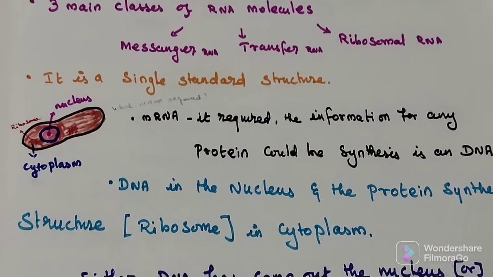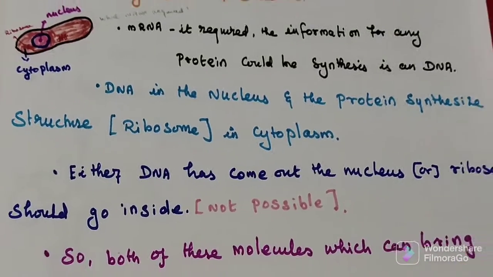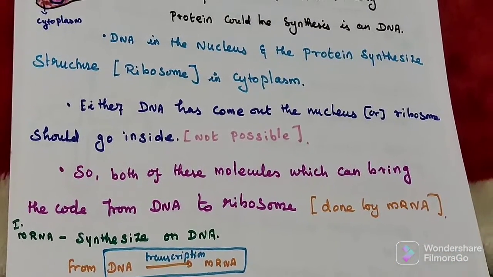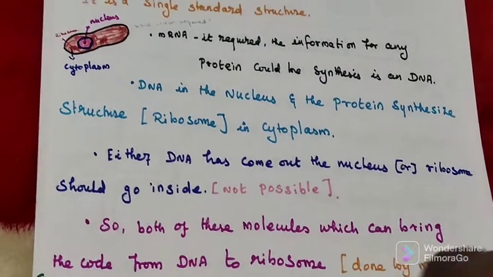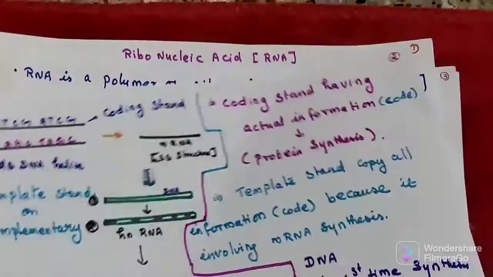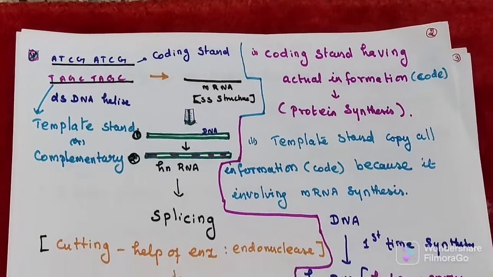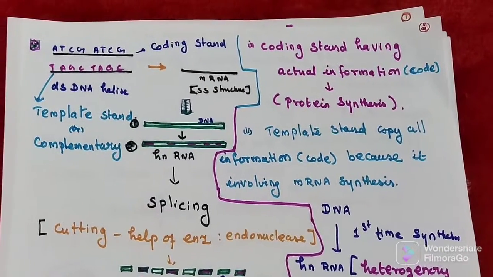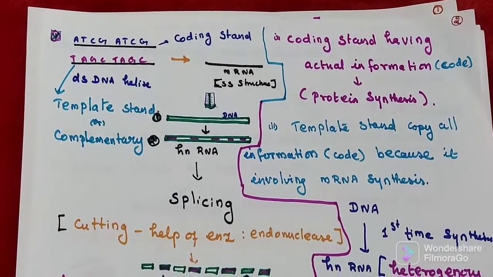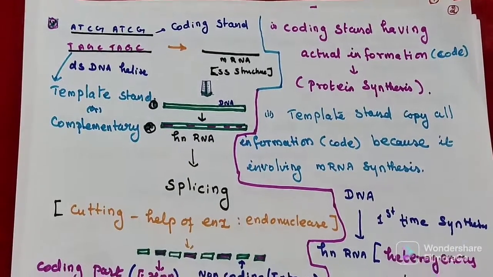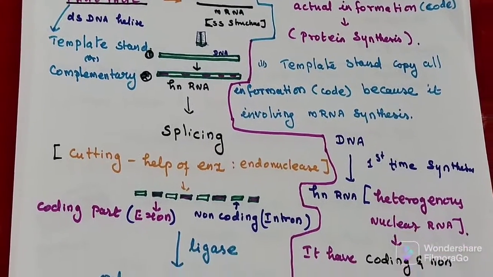Notes format of RNA molecules. So DNA to hnRNA by the process of transcription, then capping and tailing, we get mRNA.